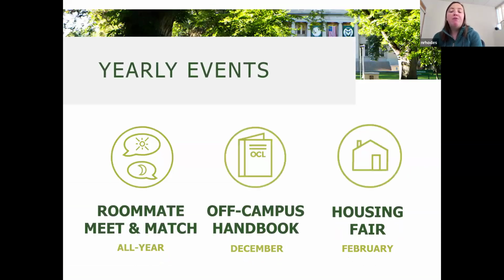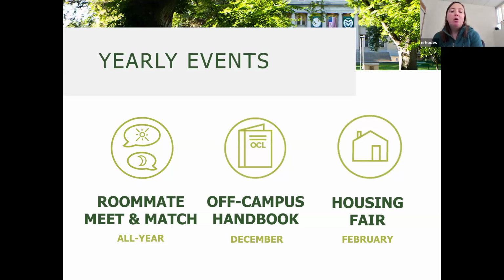And then I mentioned earlier, we have events throughout the year. The one that I think is most applicable to you right now is our off-campus handbook. We produce a handbook every December that gives a ton of information about living off campus. So earlier I mentioned, you might live in an apartment complex that doesn't include the electricity in your bill.